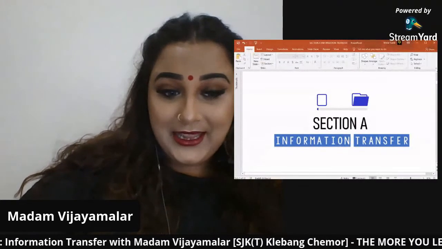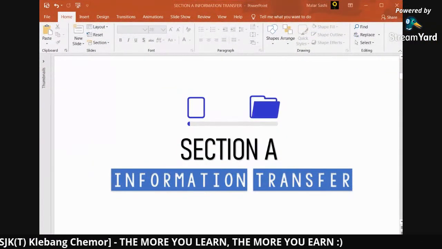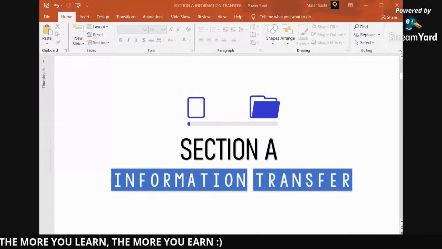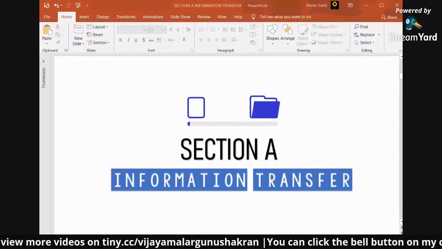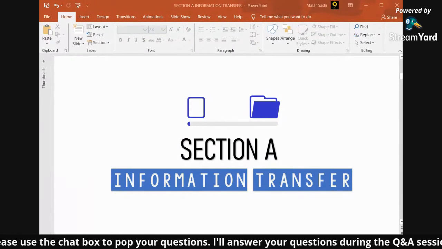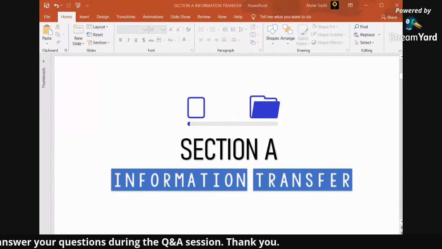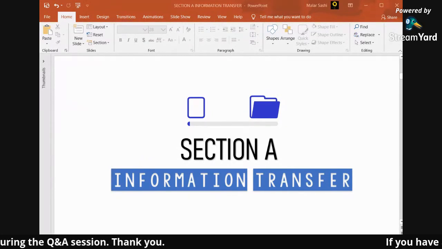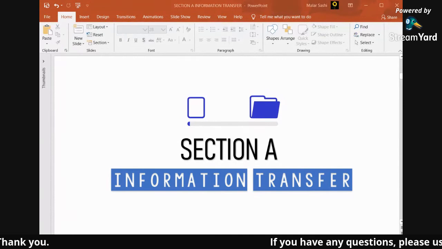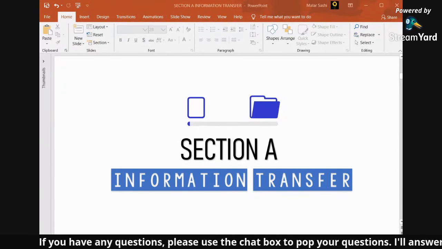Right, so for today, we will be looking into section A, which is information transfer. Now this is very important because it is actually, I would say, a bonus question when it comes to your section A, paper 2, for your English language paper 2.